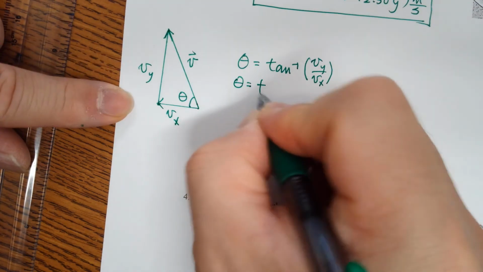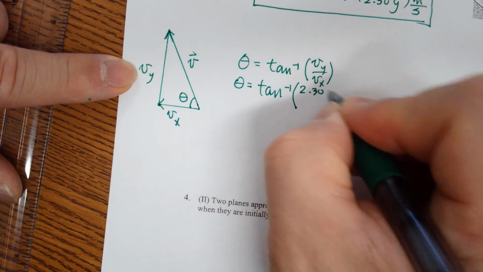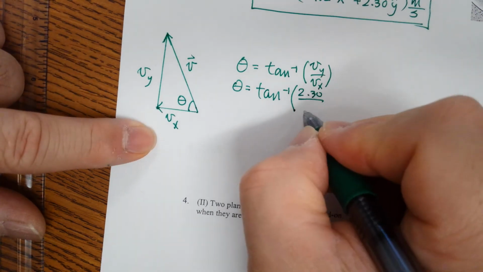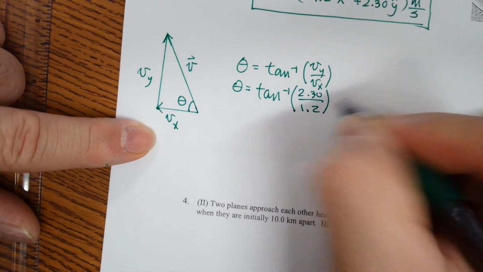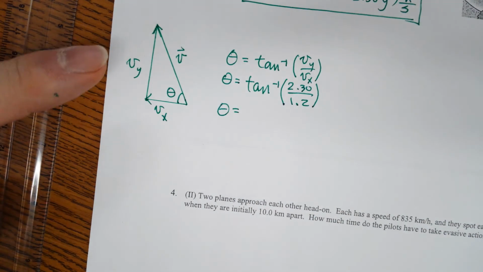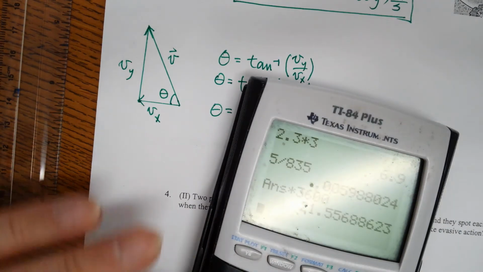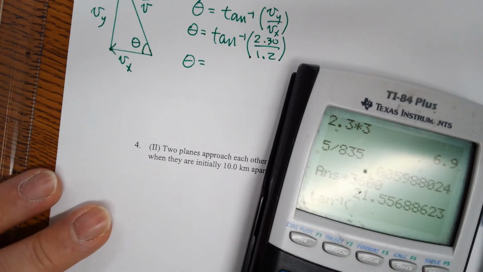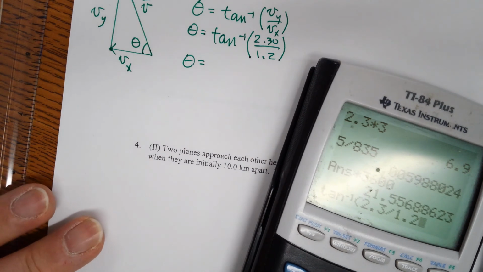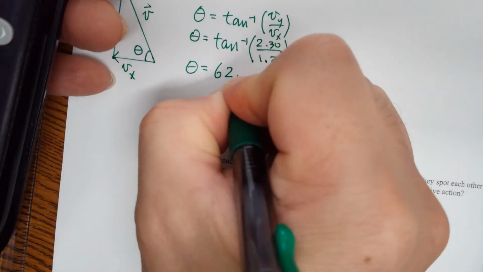So theta is equal to tan inverse of Vy, which is 2.30, over Vx, which is, even though it's negative 1.2, I'm just going to put positive 1.2 because it is a reference angle. So let me see. Tan inverse of 2.3 divided by 1.2, so 62.4. So 62.45.